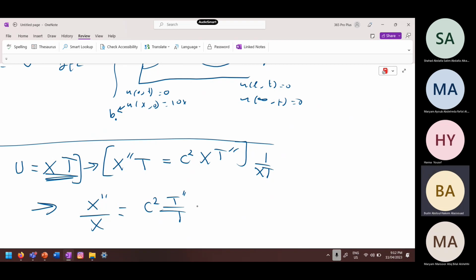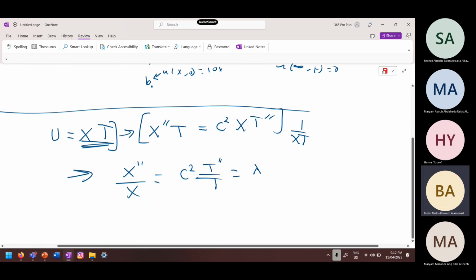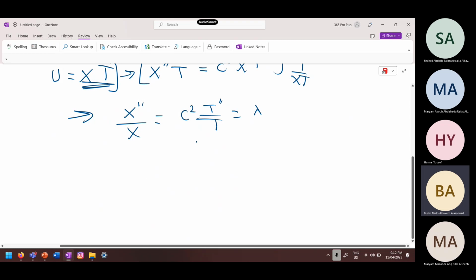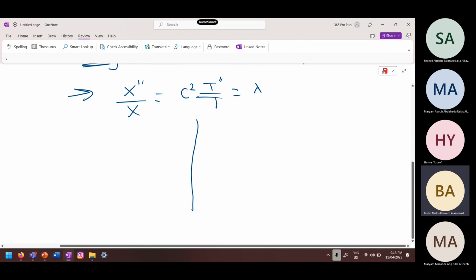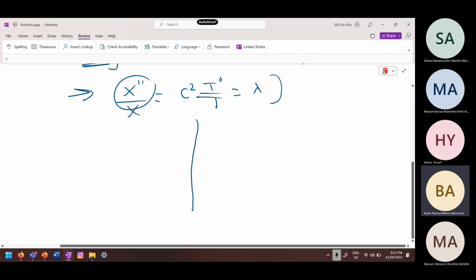Now, both of these are equal to another constant, which is maybe lambda or k, doesn't matter. Just use your own. Now you need to solve these equations individually. One is with respect to t, and the other with respect to x.